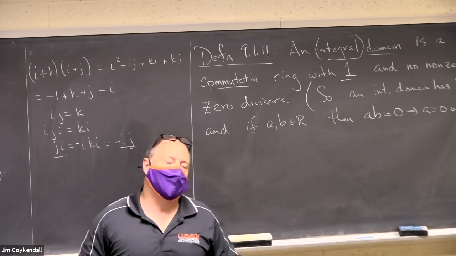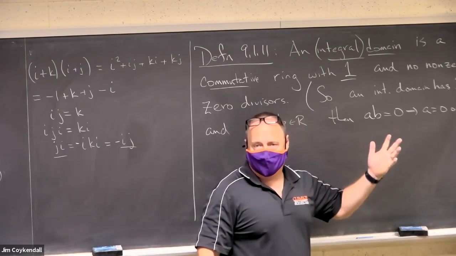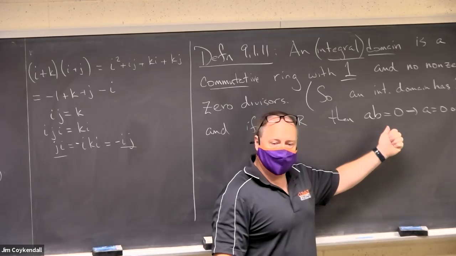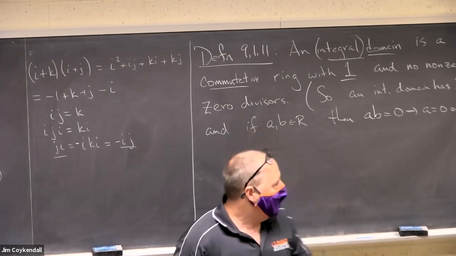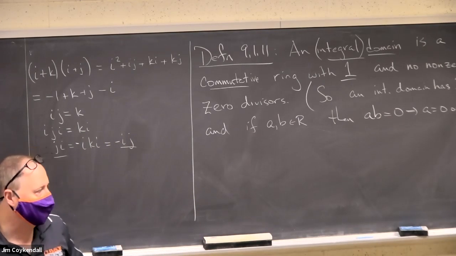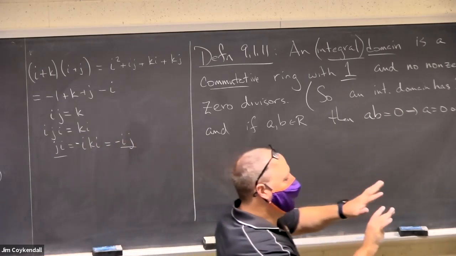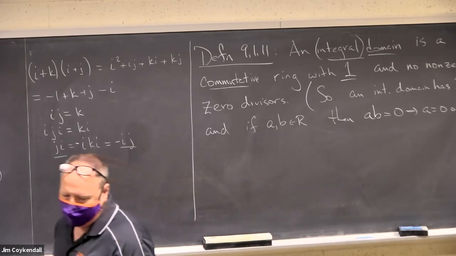An example of something that's not an integral domain would be Z mod 6, because we saw that 2 bar times 3 bar is 0 bar, and neither one of those is 0. Not an integral domain. However, the ordinary integers is an integral domain. Any place where you can say, when I multiply two things and I get 0, one of those things has to be 0, that's an integral domain.